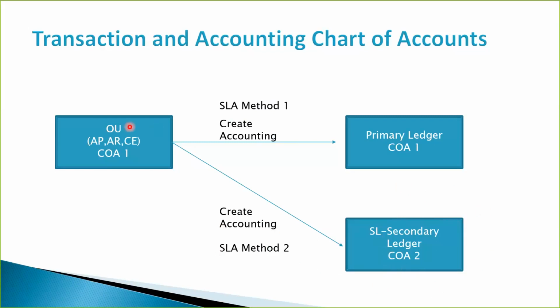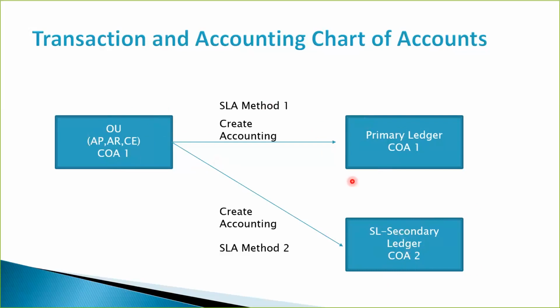So the chart of accounts here is the same as the one for your primary ledger, because that is always the case when you associate your operating units with a particular primary ledger, right? So the chart of accounts for the operating unit and the primary ledger will always be the same, but you'll have a different chart of accounts for your secondary ledger, all right?